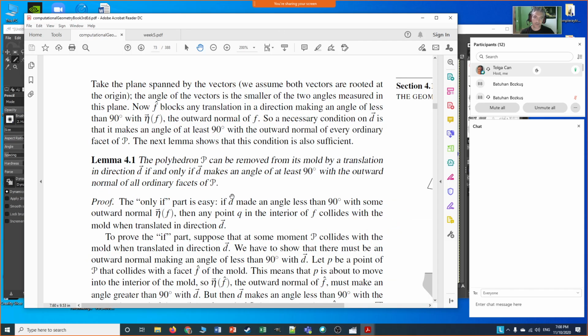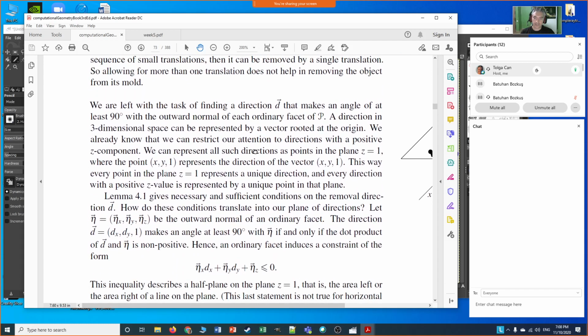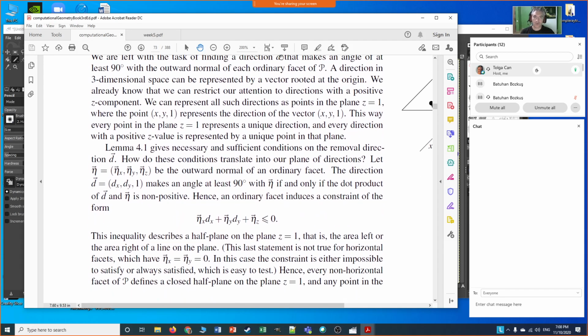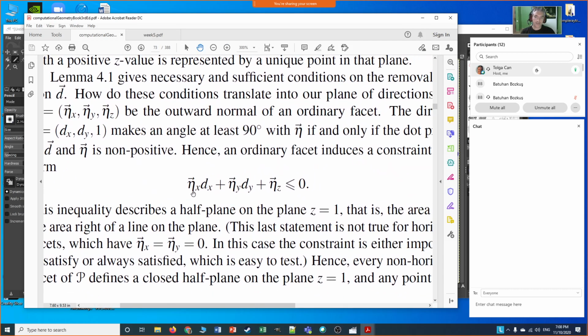So this is the first thing we have, this lemma, and after this lemma, this gives us constraints that look like this. Here in the book, this n is the normal of a certain face. If we take the dot product of that normal of the face with the vector dx, dy, and 1, as you see, when you multiply by nz, dz is set to 1.